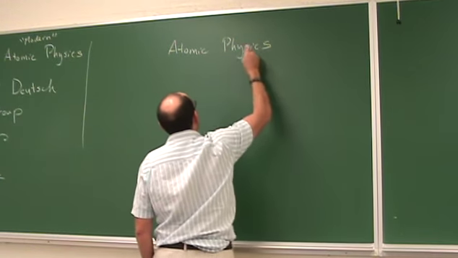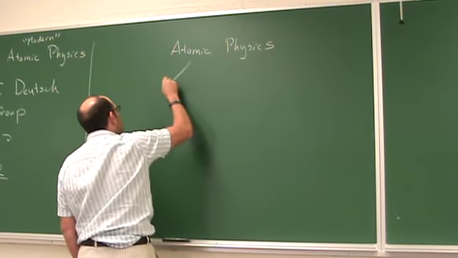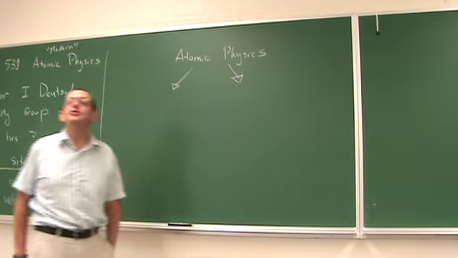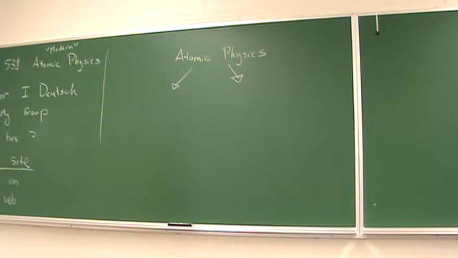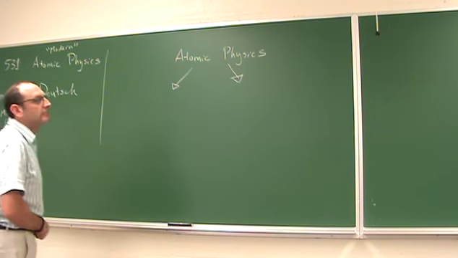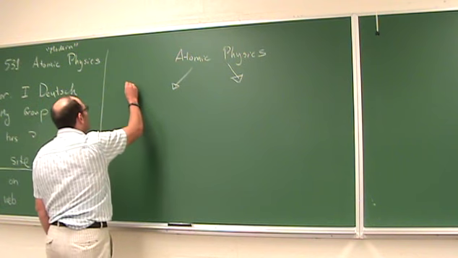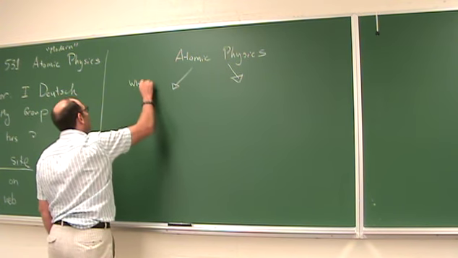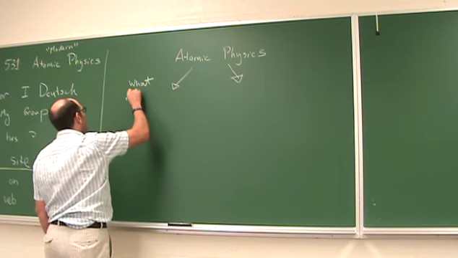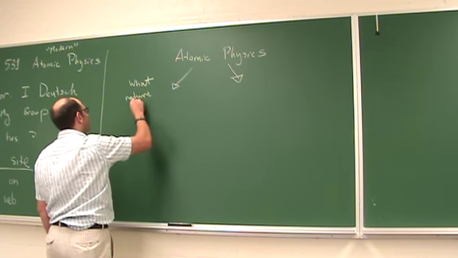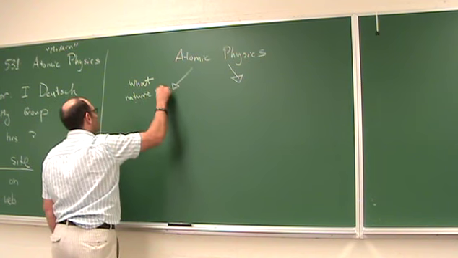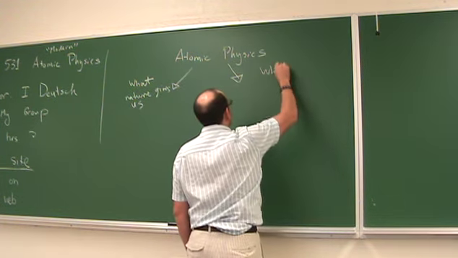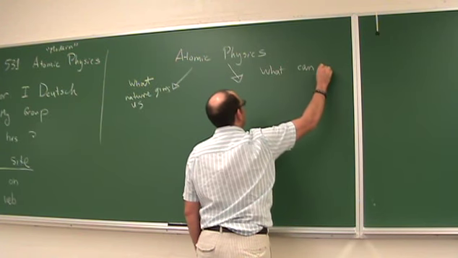Now, atomic physics, I would say, has kind of two streams associated with it. There's the stream I would call understanding what nature gives us, and the stream, what can we do with nature?